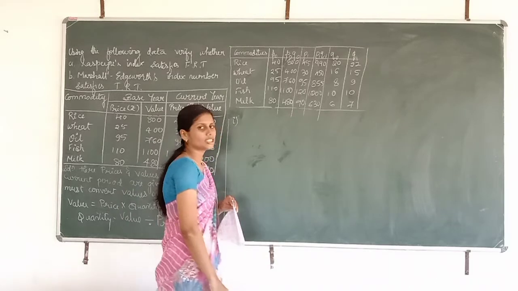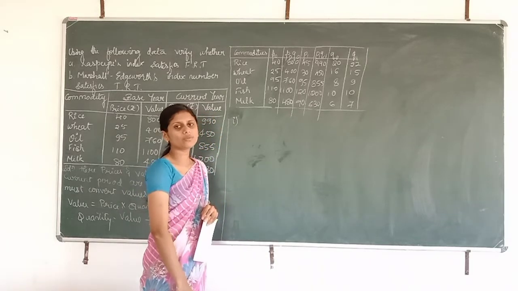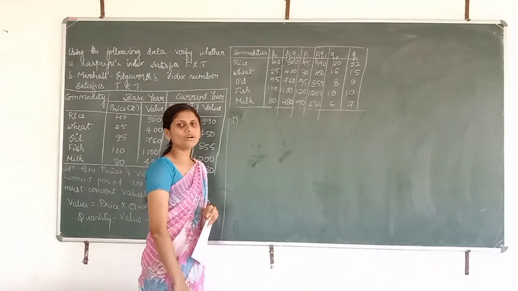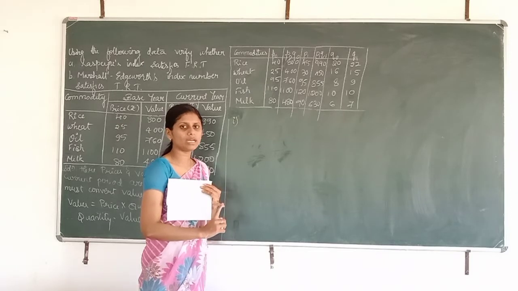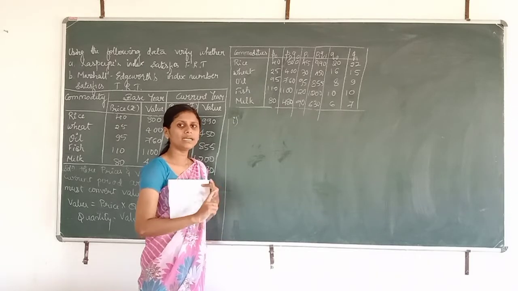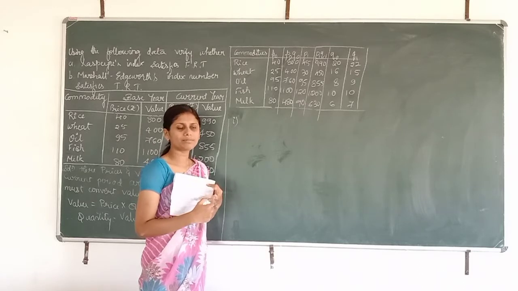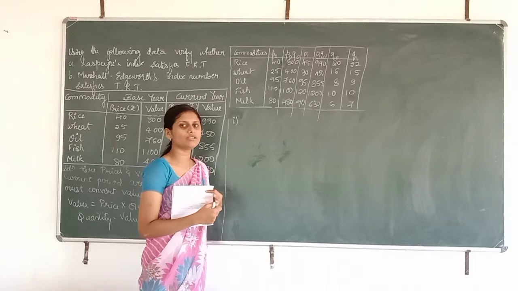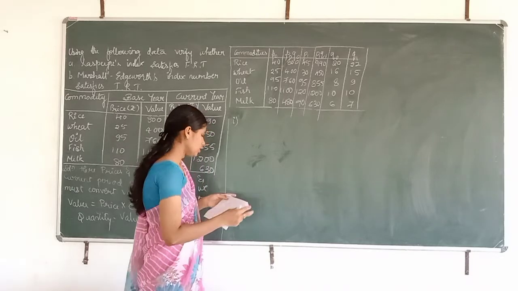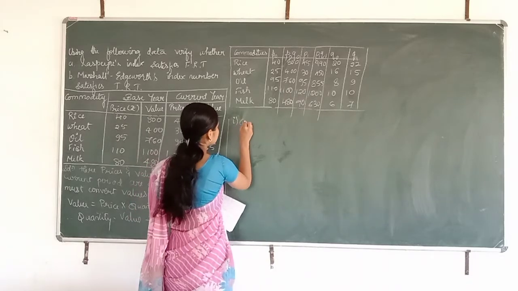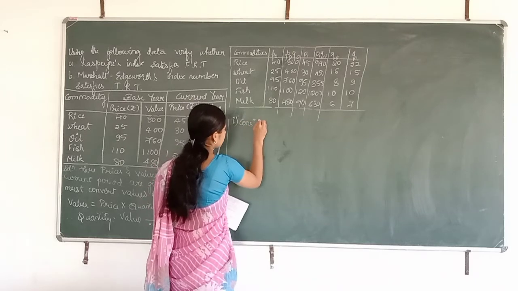So what is the condition of FRT? That is P01 into Q01 should be equal to V01. So first we have to calculate P01 of Laspeyres, then Q01 of Laspeyres. Next we have to see whether P01 multiplied with Q01 is equal to the value index number. So first of all we consider Laspeyres' price index.